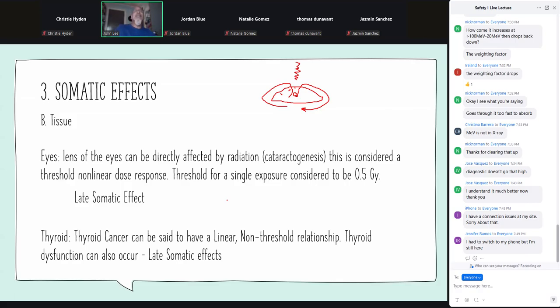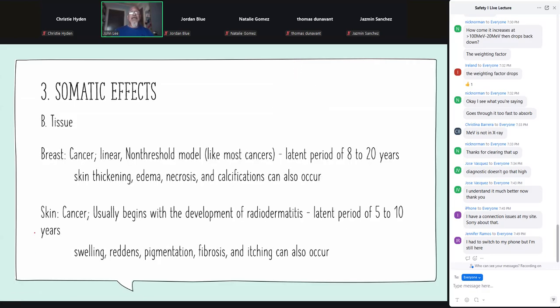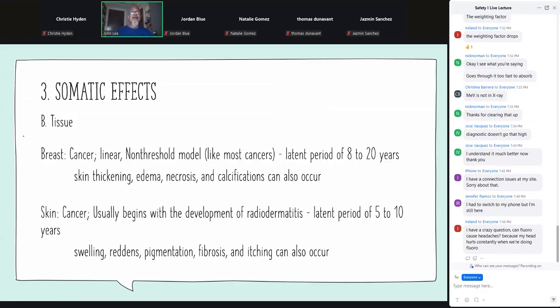And she ended up not with thyroid cancer, but she got Graves' disease, and we had to gold seed her thyroid and destroy it from that. But exposure for technologists is a real thing. It needs to be taken care of.